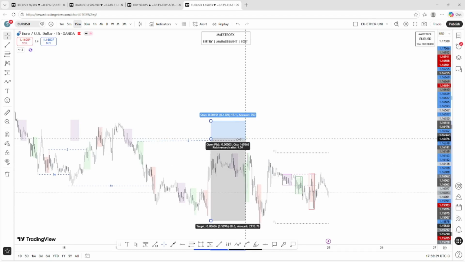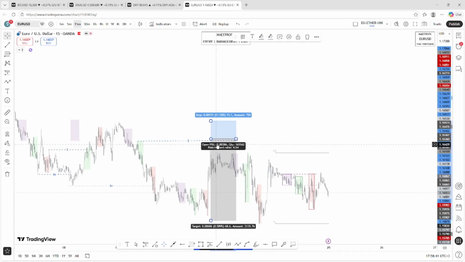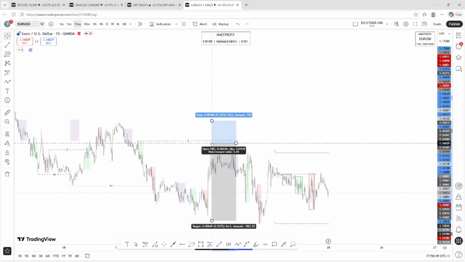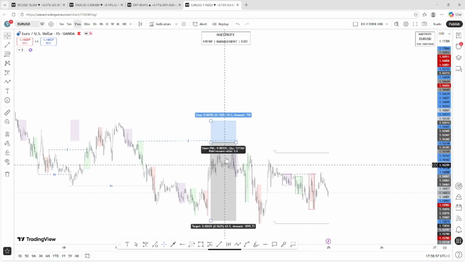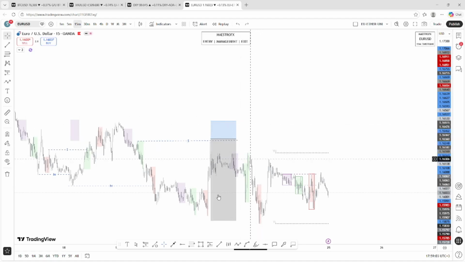You can see, yes, if this had played out, we would have gotten around 1:4.5 risk, but unfortunately it didn't give the entry that we wanted. And for me, anything below 1:4 risk reward ratio doesn't call for an entry.